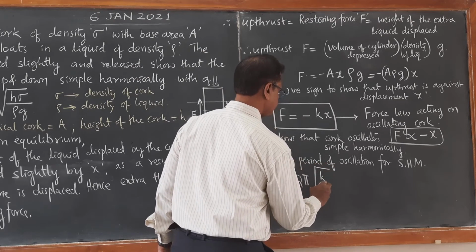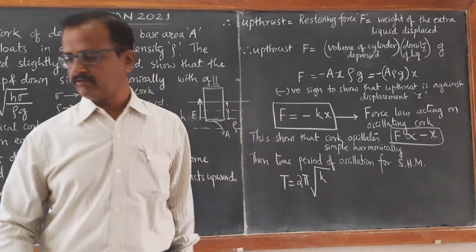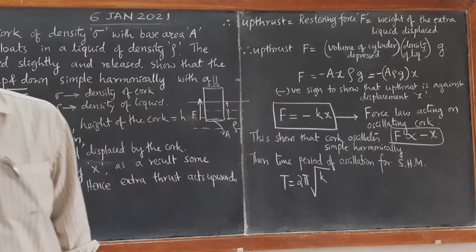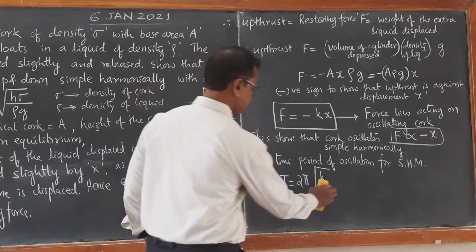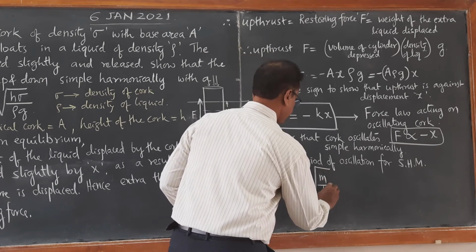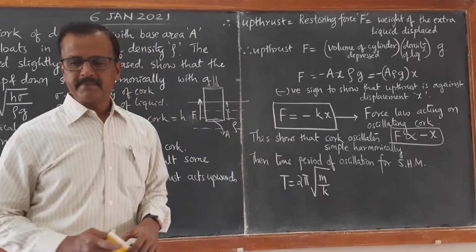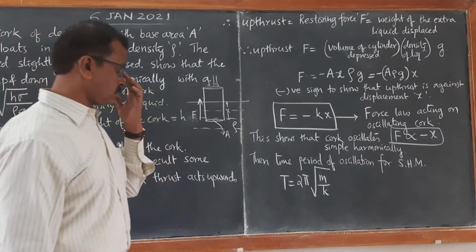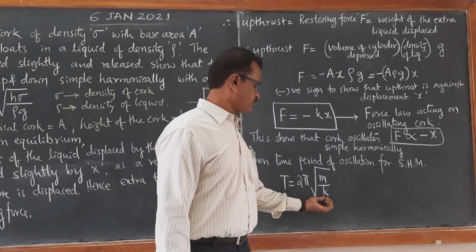M by K, where M is the mass of the cork and K is the force constant.